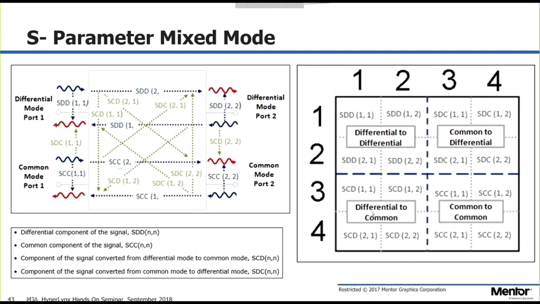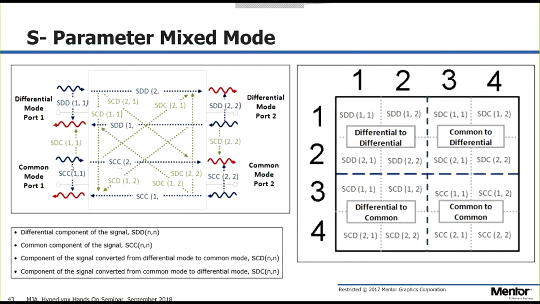The other thing we might be interested in is differential to common. So that's this mode here. This is maybe feeding it in as a differential, but some of it is actually common mode.